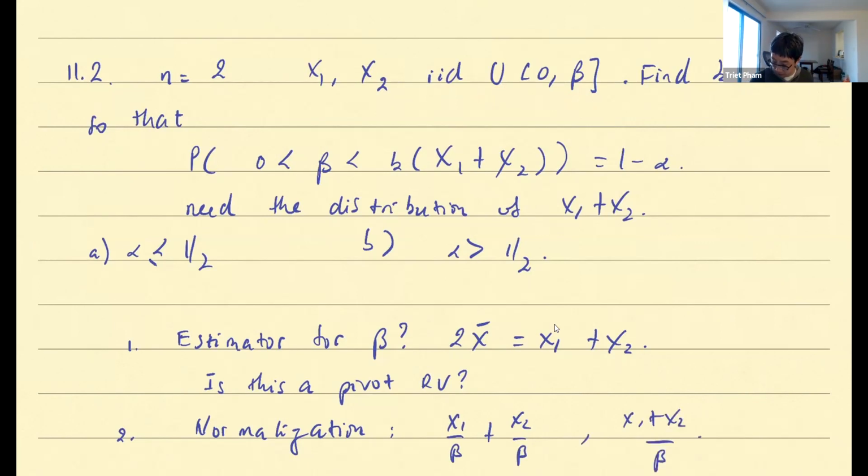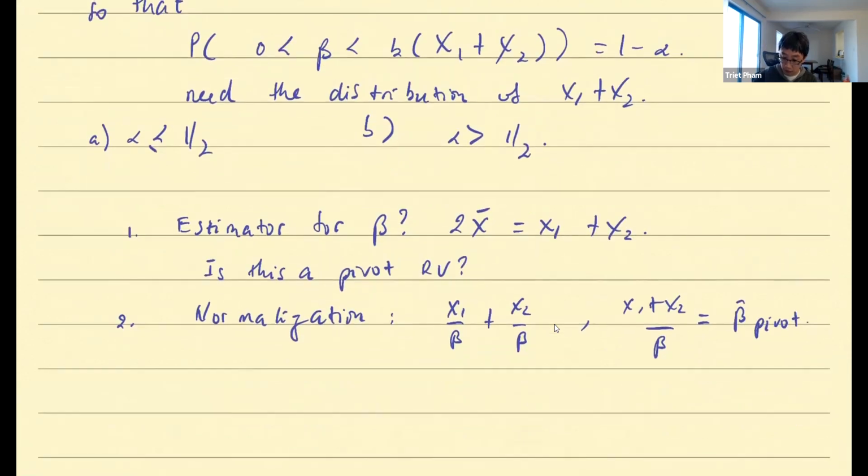That's your pivot. Look at this statement. Is it hinted at for you that that's the normalization going on? Do you see that normalization staring at you? So this would be the probability of 1 over k less than X1 over beta plus X2 over beta equal to 1 minus alpha.